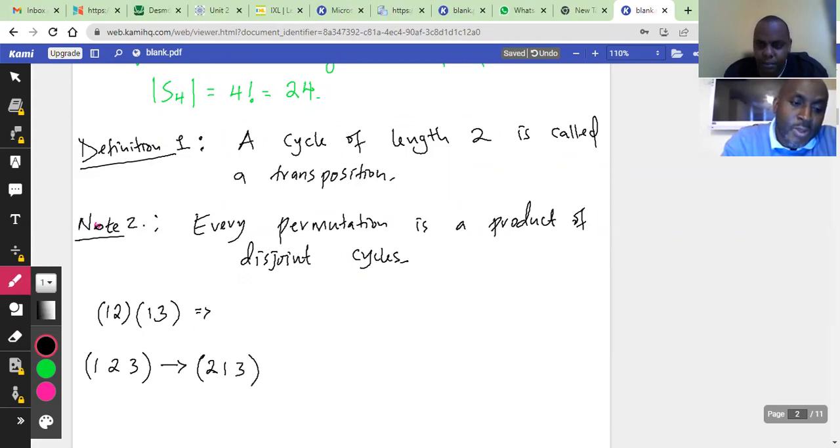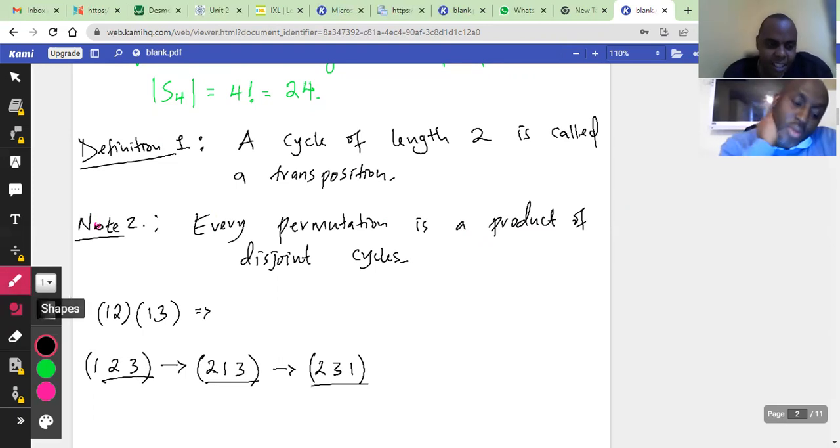Then if we do (1 3) on this, it means that 2 remains, and 3 and 1 switch position. I'm not getting the second cycle. You see, 1 goes to 2, 2 goes to 3, and 3 goes to 1. No, this is not a cycle.